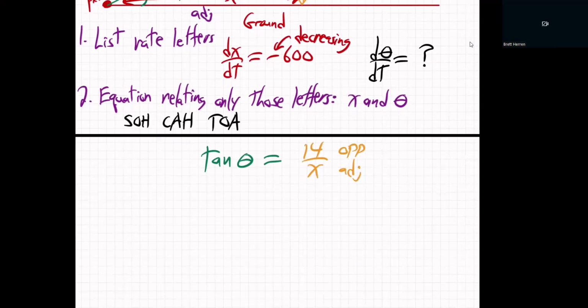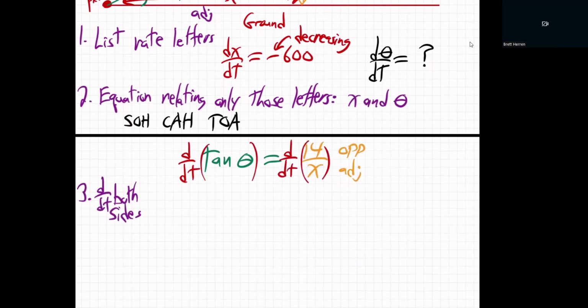Step 3, d/dt of both sides. Take the derivative with respect to time of both sides. So d/dt this side and d/dt that side. Well, what's the derivative of tangent? Secant squared θ times dθ/dt, because the inside is not an x.